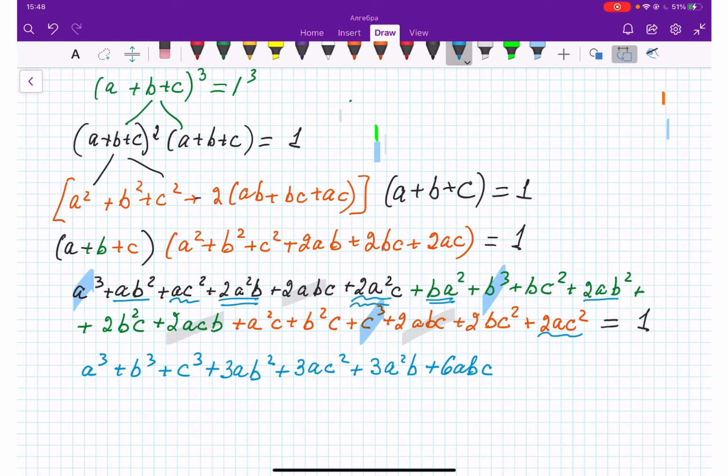Here it is, so it's going to be plus 3A squared C. And then we have BC squared, with a line and a wavy line. Here it is, plus 3BC squared. And we have left B squared C, so I'll make it 3 underlines, plus 3B squared C. And this is still equal to 1.